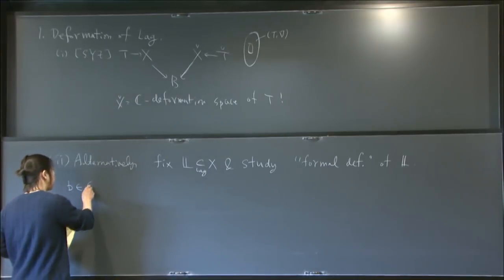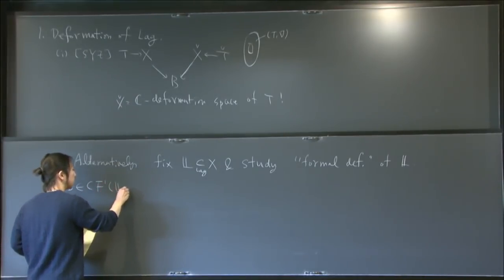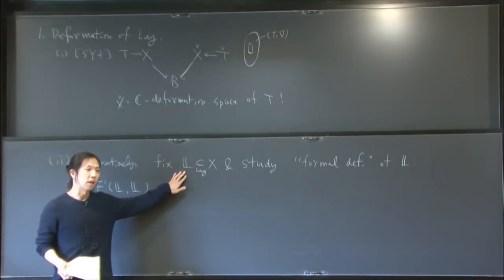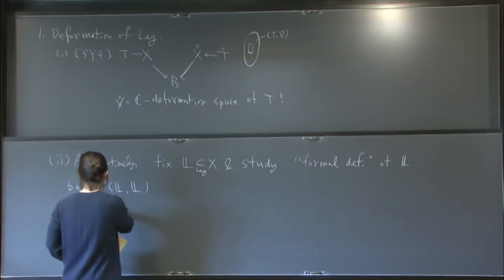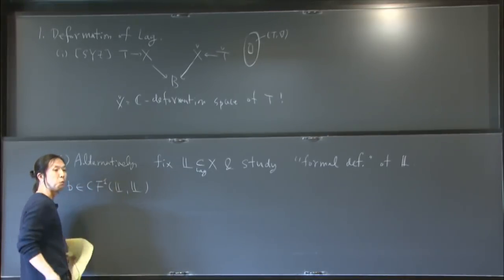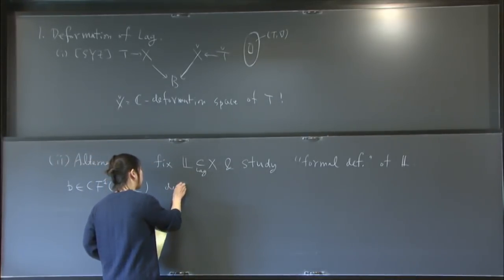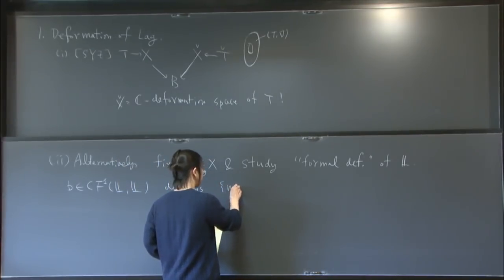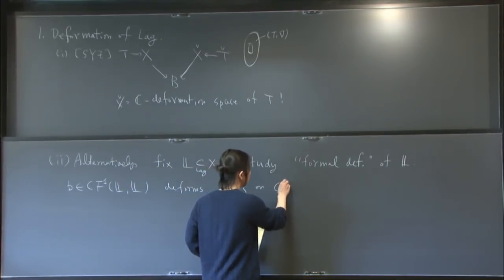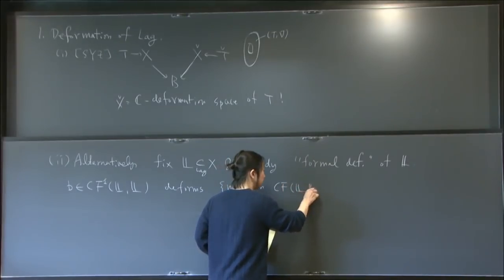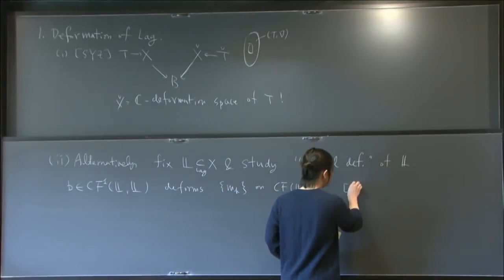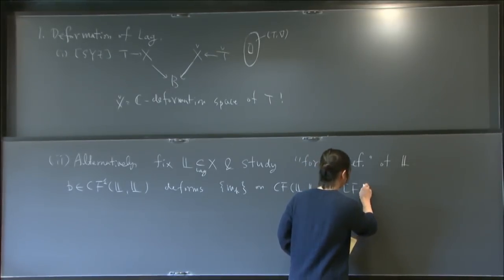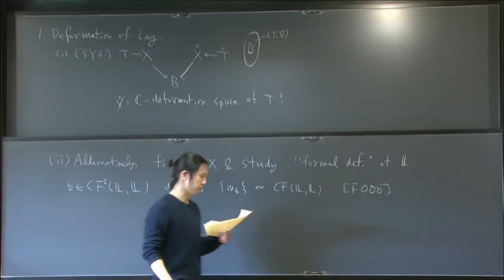More precisely, if you have a degree 1 element b in the Lagrangian Floer complex of this particular Lagrangian L, then this b deforms the A infinity structure m_k on this Lagrangian Floer complex. This is due to Fukaya, Oh, Ohta and Ono. It's hard to remember the order.